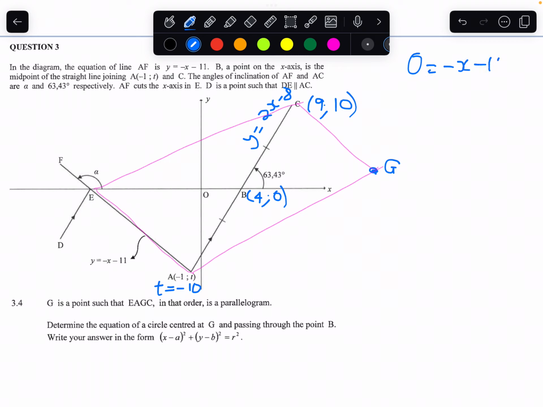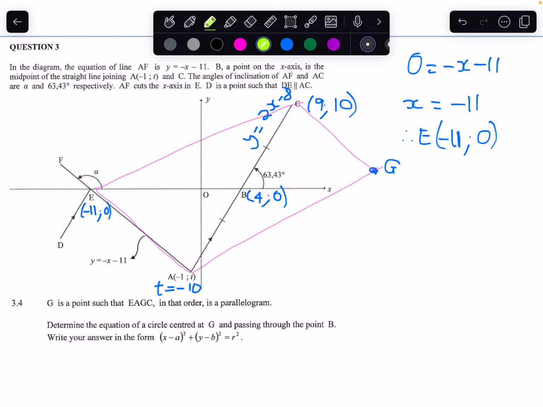So then we have that 11 is equal to, well, okay, I guess we could move the x over. So positive x is equal to negative 11. Okay, so therefore the coordinates of E are negative 11, 0.